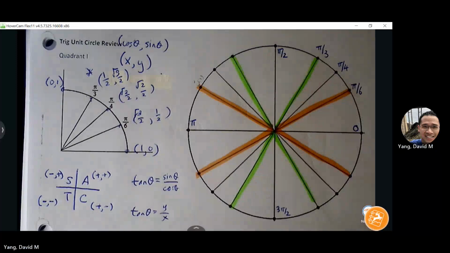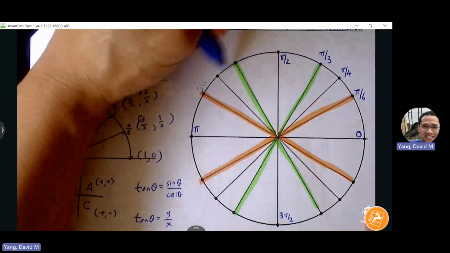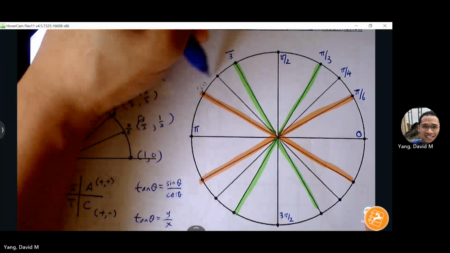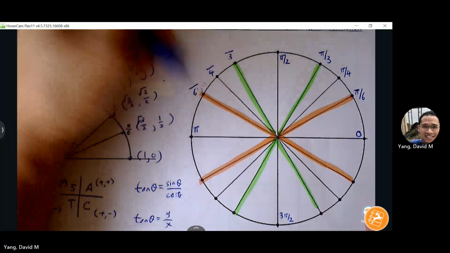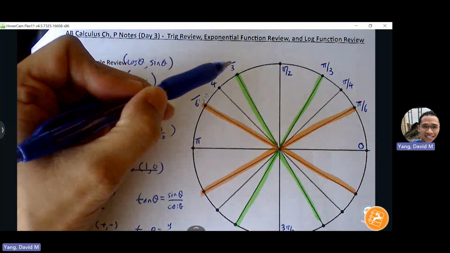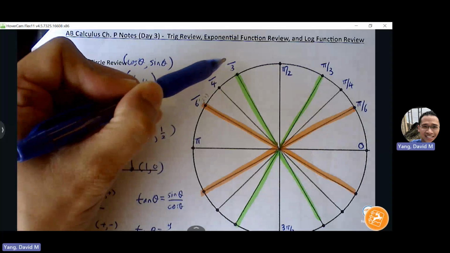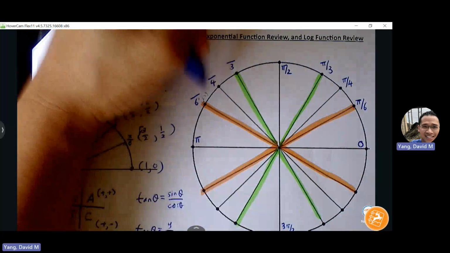The relationship here is that it's going to be 3, 4, and 6, and then all the numerators are going to be one integer less than the denominator.